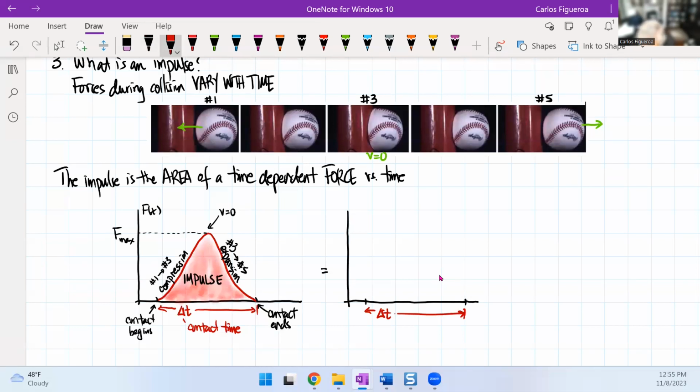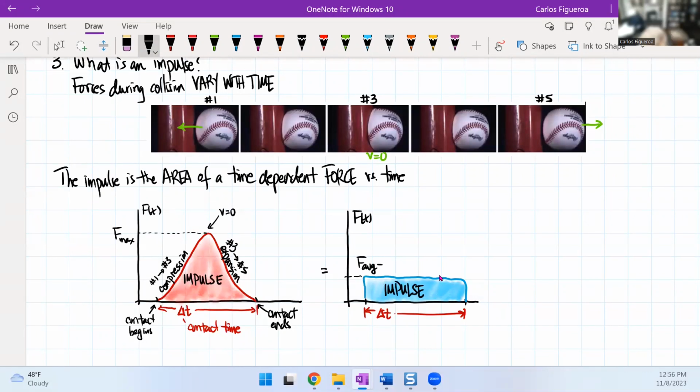So these are exactly the same, but the difference now is that we can choose a rectangle such that the area of this rectangle is exactly the same as the force versus time curve. In other words, I have to choose the height of this rectangle so that both of these curves have the exact same area.